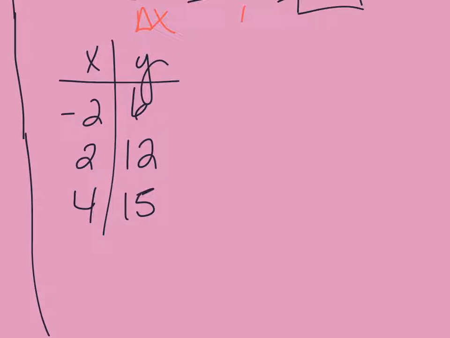Okay, let's see how this one works. So the change in y here is plus 6, and here is plus 3. Okay, so right now you cannot say that this is not linear, that it might have a constant rate of change, because sometimes they make the table jump around so it doesn't go up by the same amount each time x goes up. So you have to look at the change in x, compare the change in y to the change in x to see if it's constant.